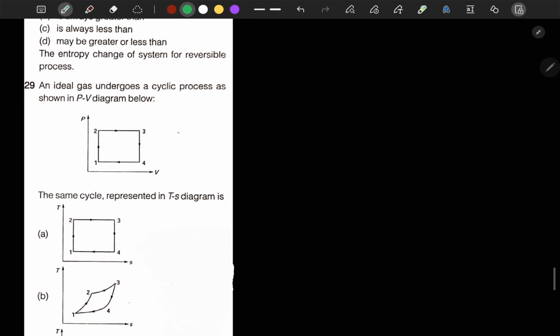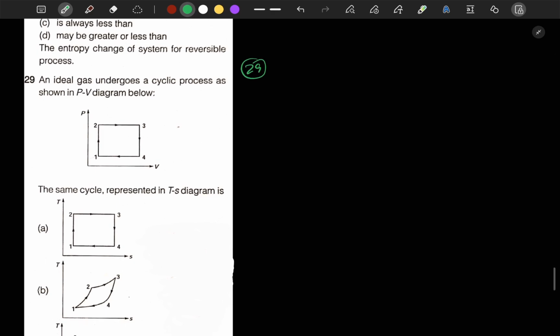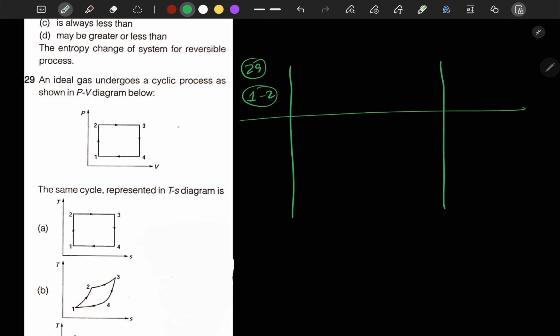Question number 29 mentions a cycle on a PV diagram. It wants us to plot the same cycle on a TS diagram. Let's see the process 1 to 2, how it is shown on the PV diagram and how it should be represented on the TS diagram.